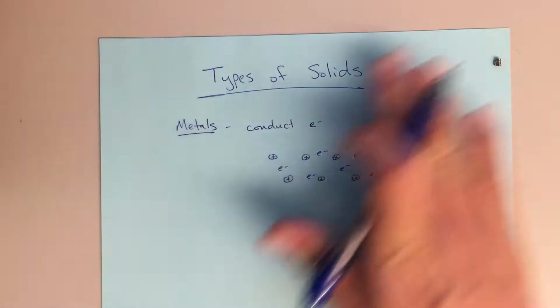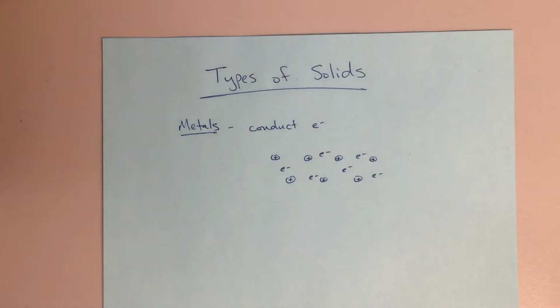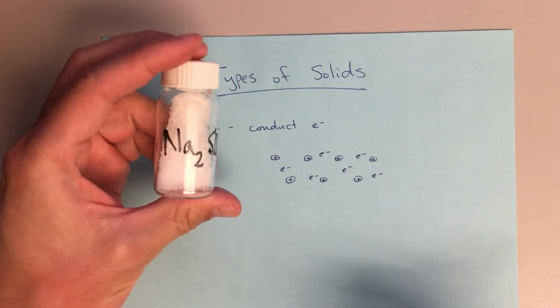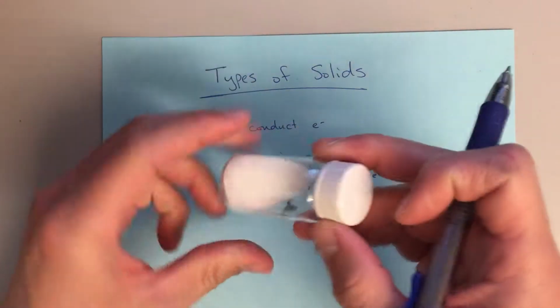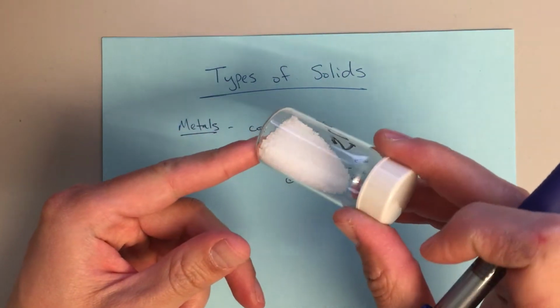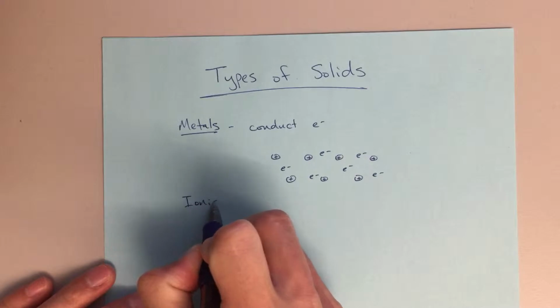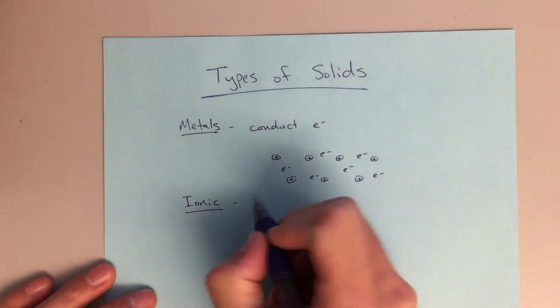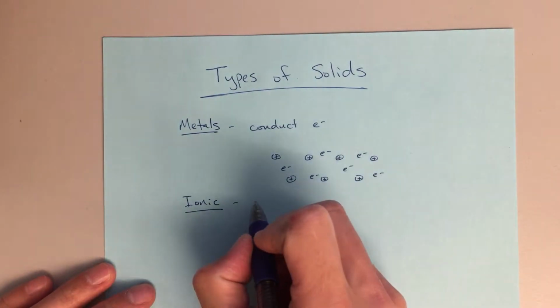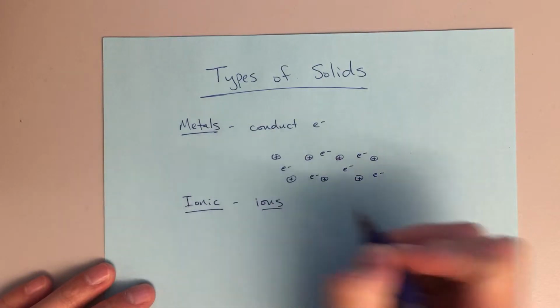The next solid that I have for you is an ionic solid. So here I've got sodium sulfate, and we can see what these crystals look like. So the next one is ionic compounds. And ionic compounds are, as you might expect, ions, right? That's the key.